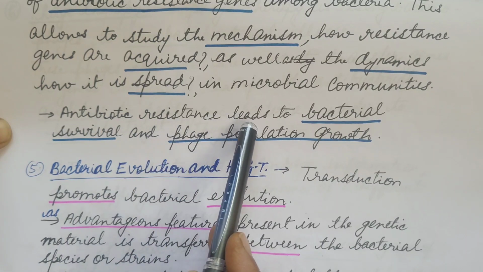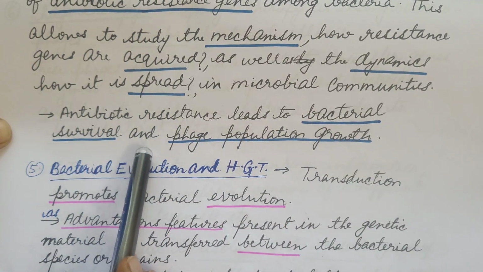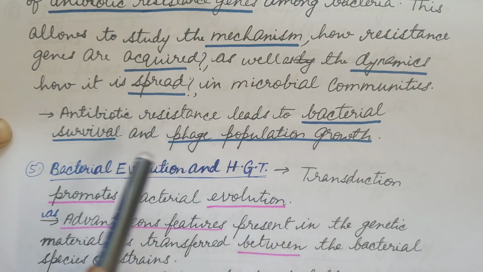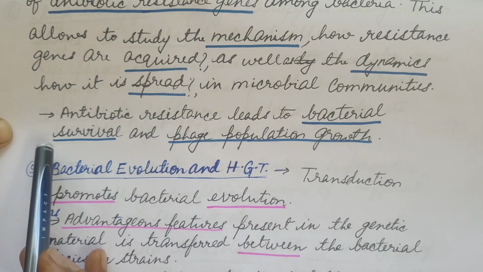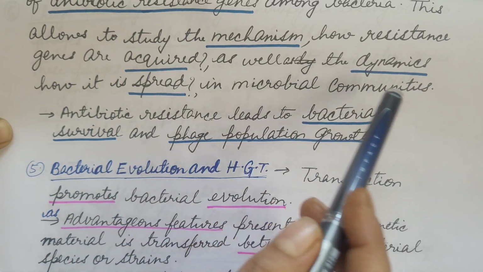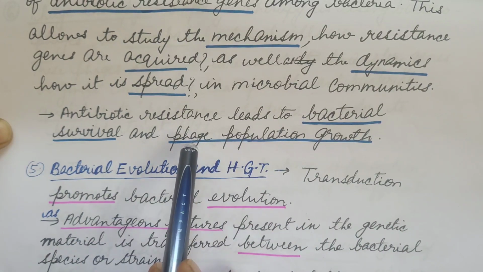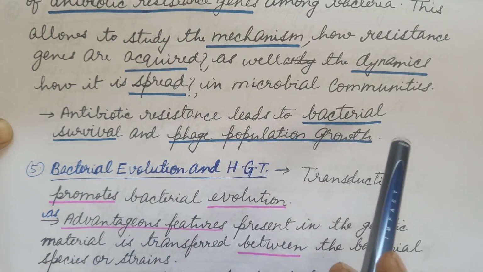Antibiotic resistance leads to bacterial survival and phage population growth. So, antibiotic resistance helps bacteria to survive. And since bacteria survive, the population of phage also grows.